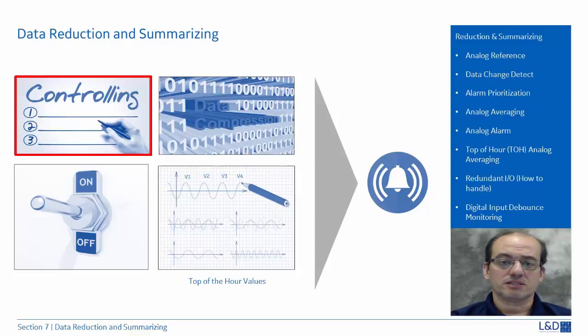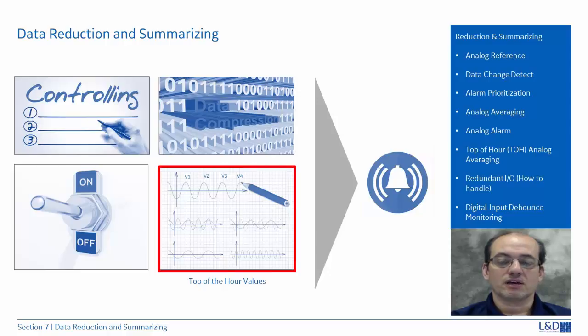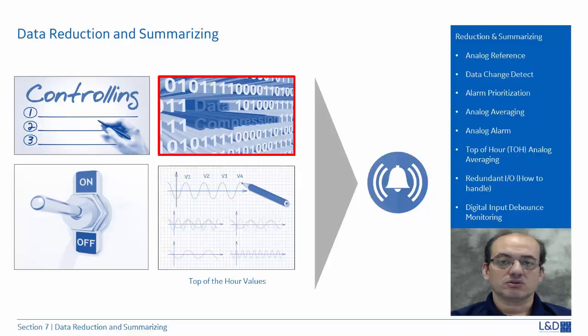Also alarm prioritization, analog averaging, analog alarms, top of the hour or TOH analog averaging, and redundant IO, which allows you to get data from two sources. If one source fails, then you can get it from the other, or also compare that the value that you're getting is really what you should be reading.